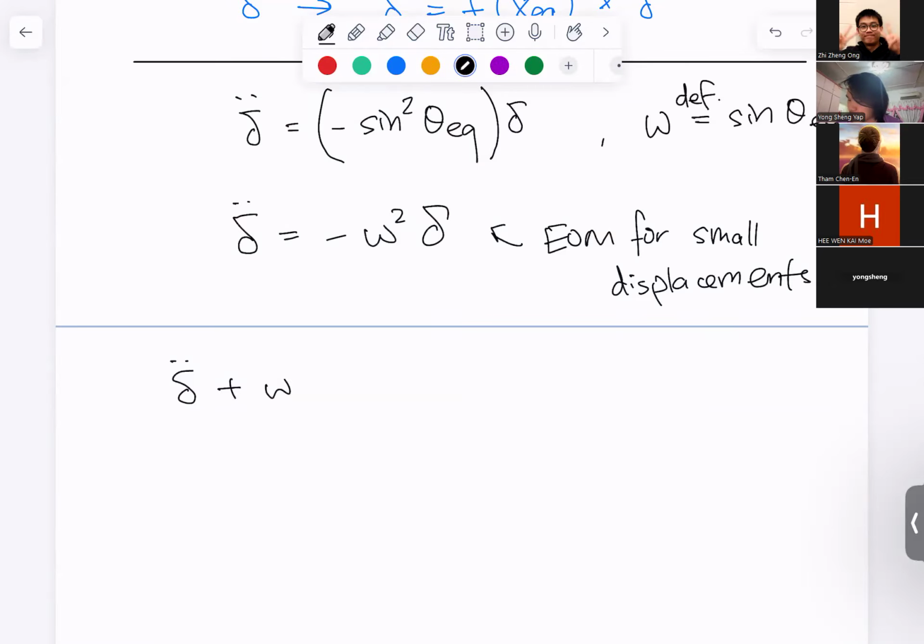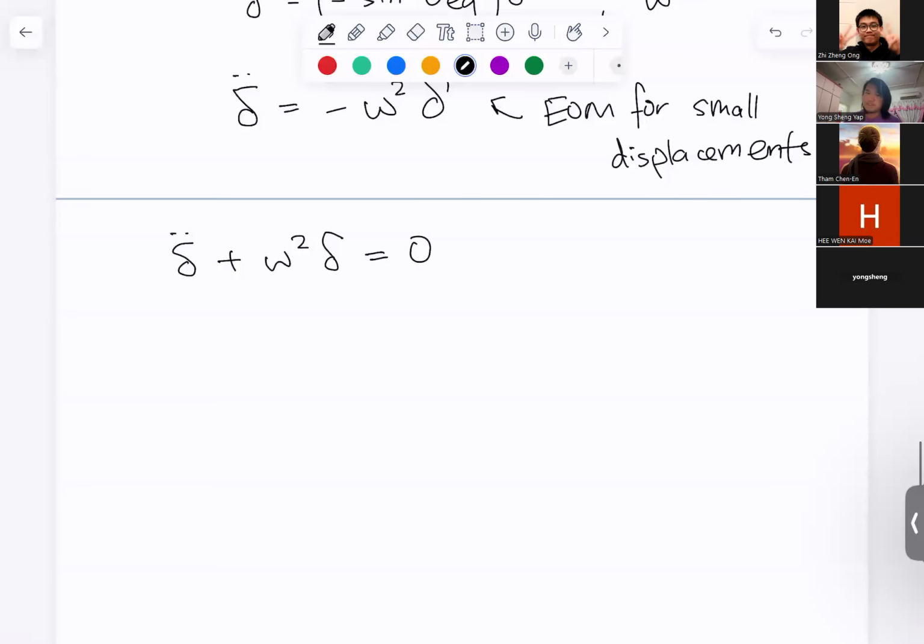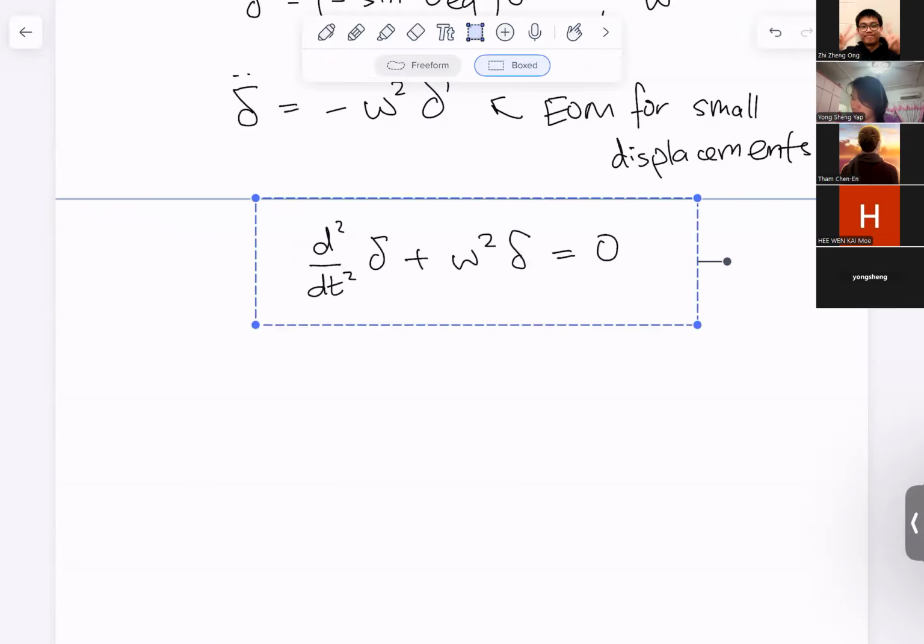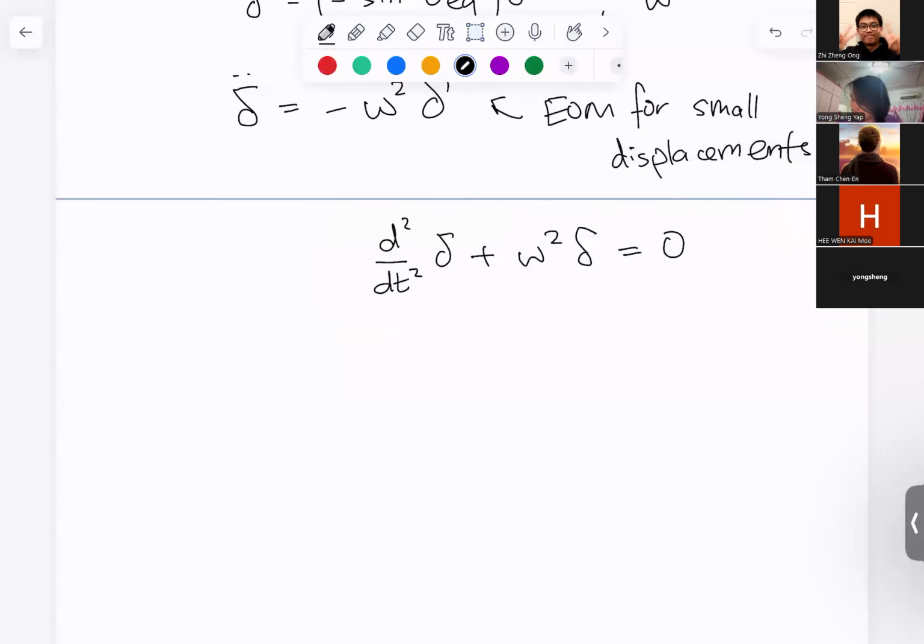Let's move this thing to the left-hand side such that this equation looks like this: delta double dot plus omega squared delta equals 0. Let's write it a little more symbolically: this is the second time derivative acting on delta, plus omega squared delta equals 0. Let's call this session how to solve this equation.